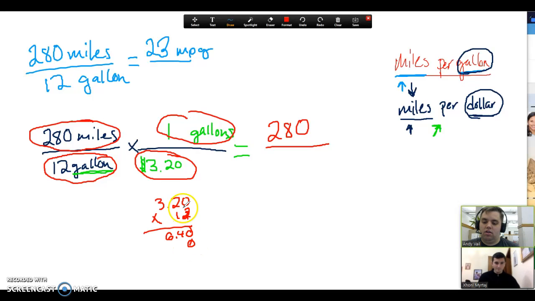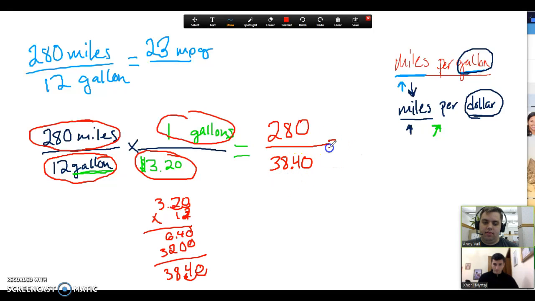And then I have to add these up. And then I have two decimal places, so I have to go over to 1, 2. And it's 38.40.